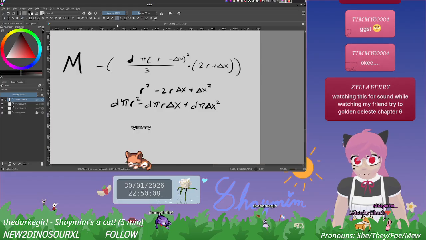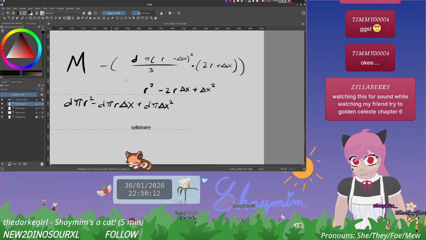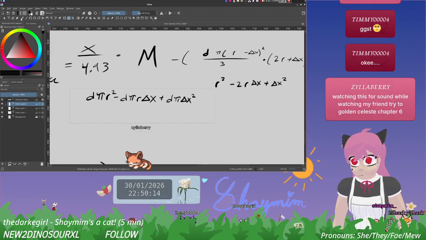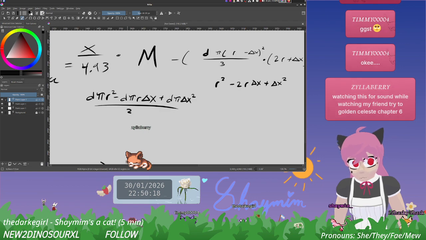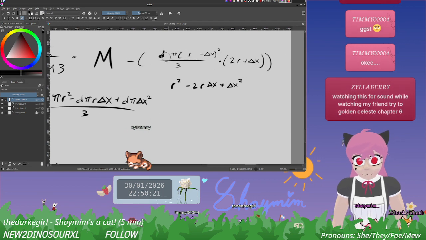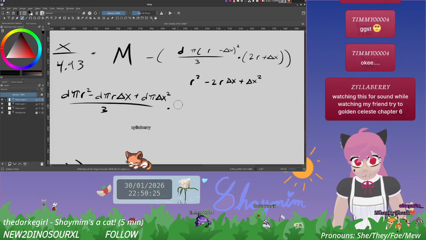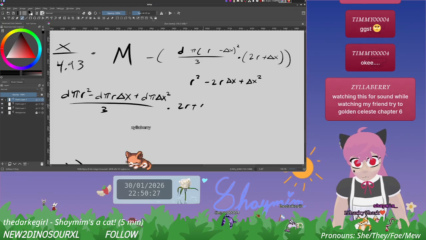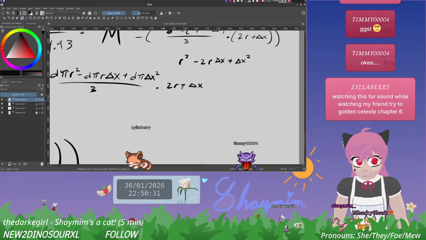Hang on, let me move this over. So this is all over 3, and then it's all being multiplied by 2r plus delta x. Okay.